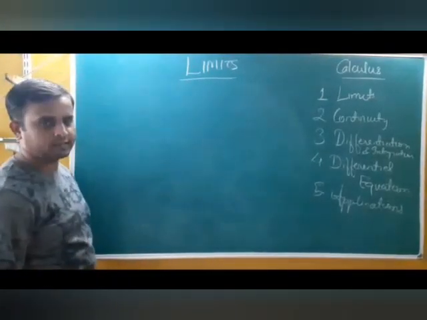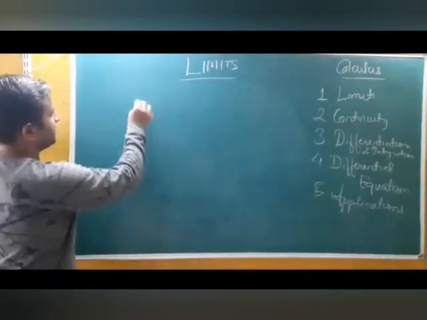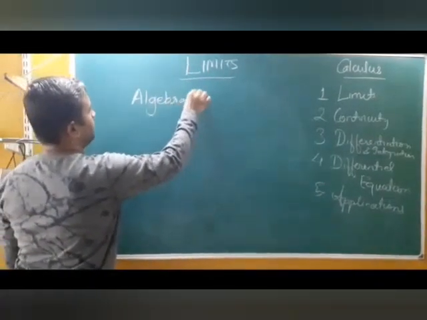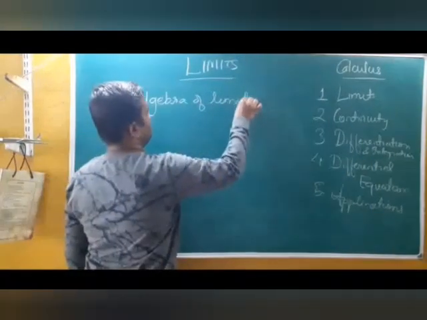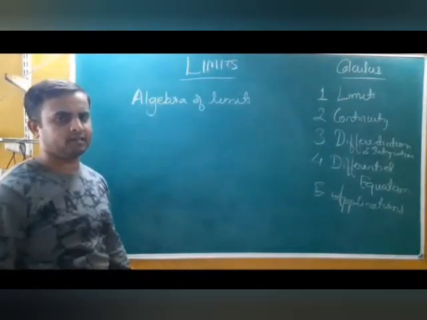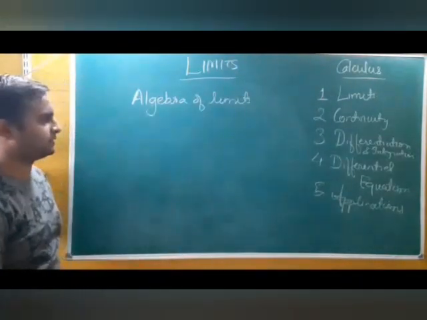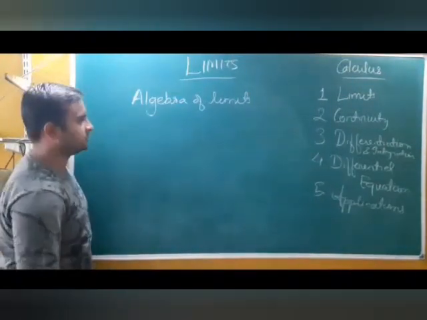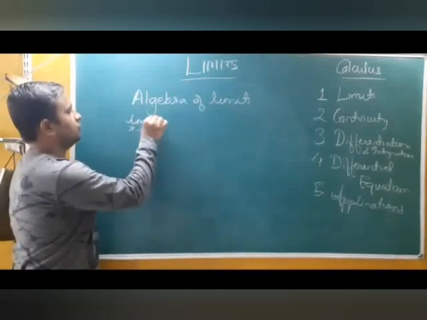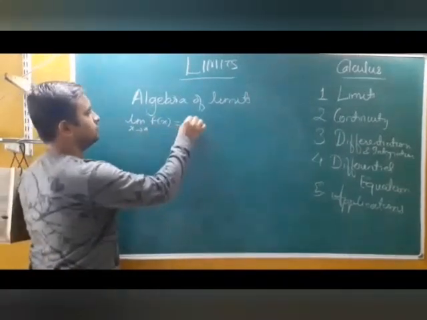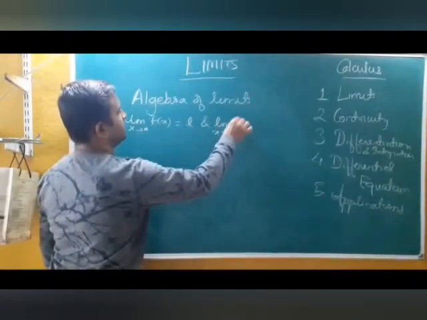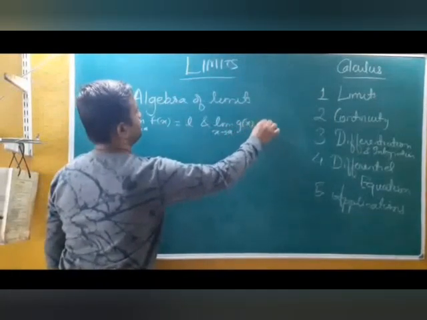Now let's see a different topic, and this is a new thing for you today, which is algebra of limits. What is algebra? Plus, minus, multiplication, division, all the BODMAS things we will apply here in limits. So assume limit x tends to a f of x equal to L, and limit x tends to a g of x equal to m.